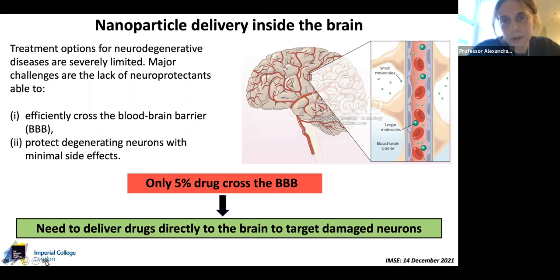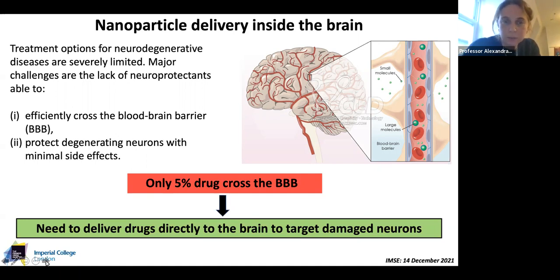You have the blood and the brain, and a barrier is formed between these cells and the brain that's called the blood-brain barrier. It's a highly protective barrier, as it needs to be. But this creates a major challenge for drug delivery and makes it very difficult to deliver drugs across this barrier from the blood into the brain. As an aside, which is not relevant to this talk, there's also a lack of neuroprotectants that can protect neurons with minimal side effects. So there are two major issues here.